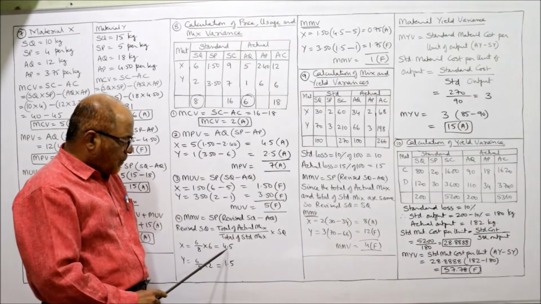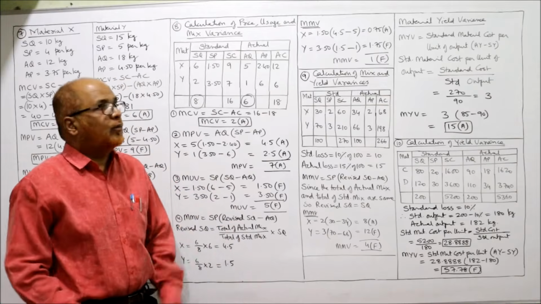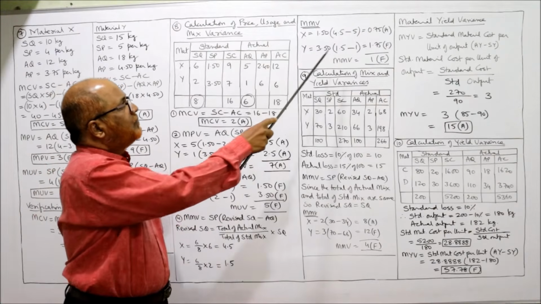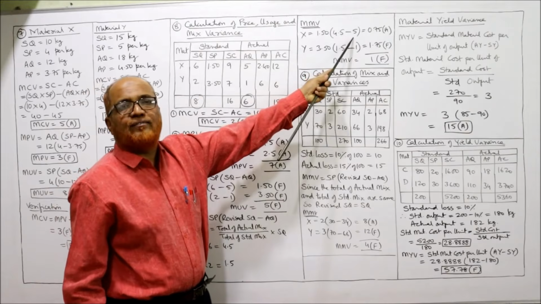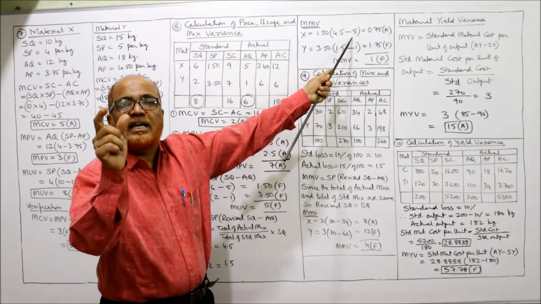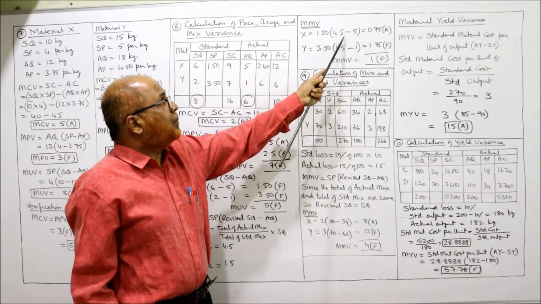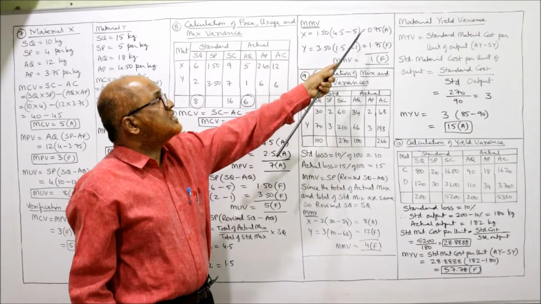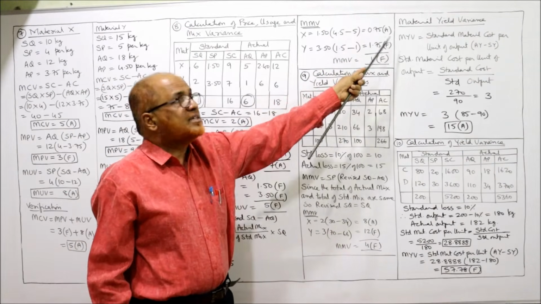Revised SQ are 4.5 and 1.5 minus AQ. AQ is 5 and 1. So in bracket 4.5 minus 5, you are getting minus 0.5. In bracket you are getting negative, so adverse. You should write adverse. So 0.5 into 1.5 is 0.75. 0.75 adverse.